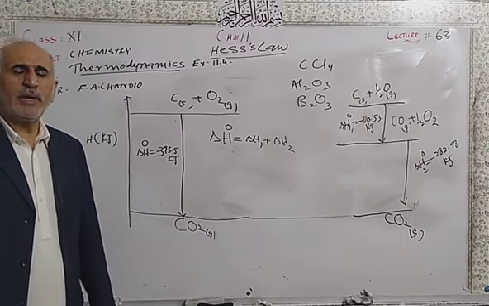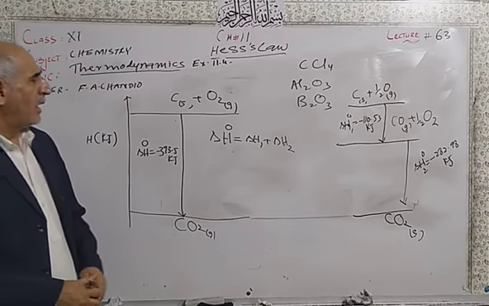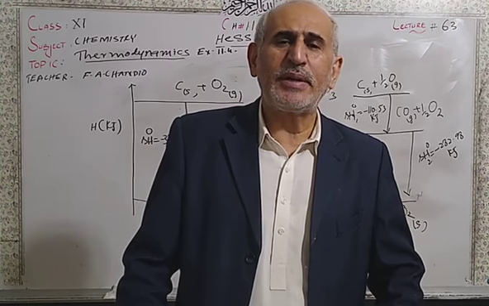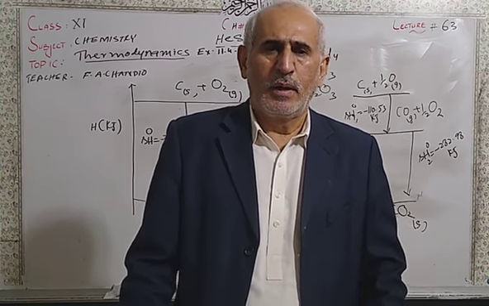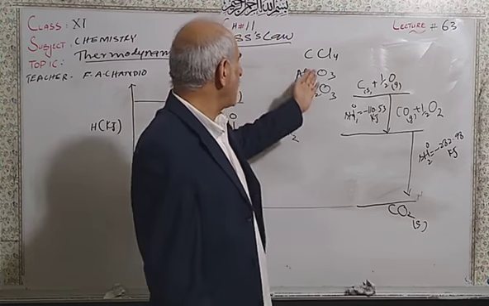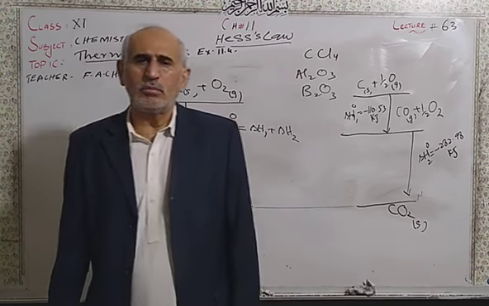So according to experimental observations, the enthalpy change of carbon tetrachloride, tetrachloromethane, cannot be determined directly. If you go back to grade 10, how was this carbon tetrachloride formed?